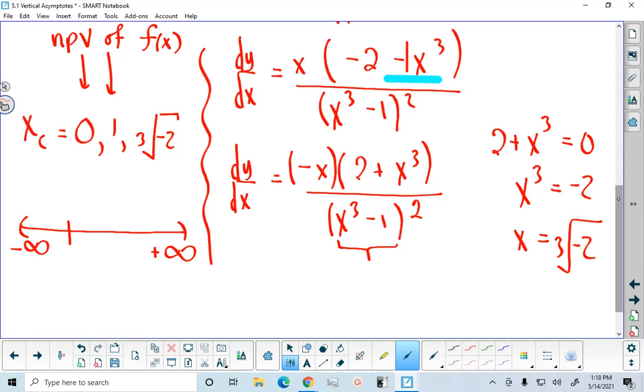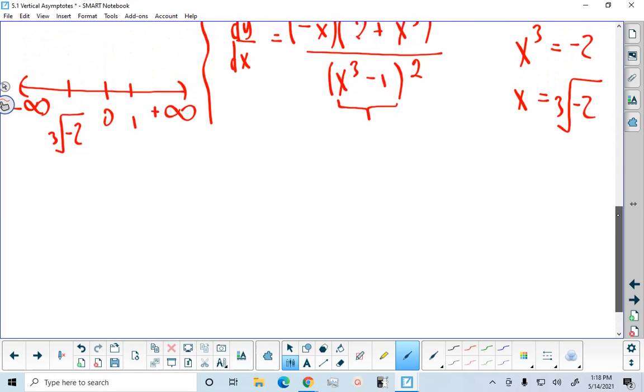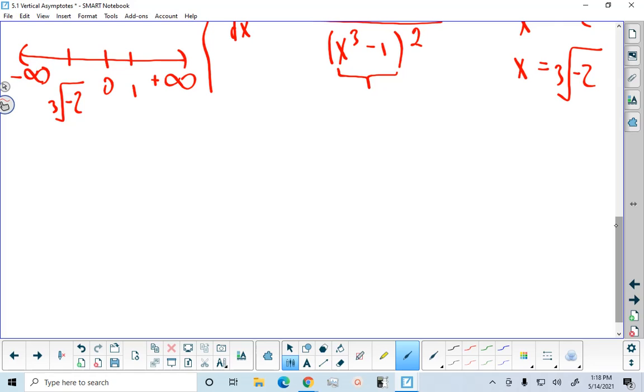We're going to cut this at negative cube root of negative 2. Cube root of negative 2, by the way, is the same as the negative of the cube root of 2. We need to cut it at 0, and we need to cut it at 1. We will have an interval in our first derivative table or chart from negative infinity to the cube root of negative 2.